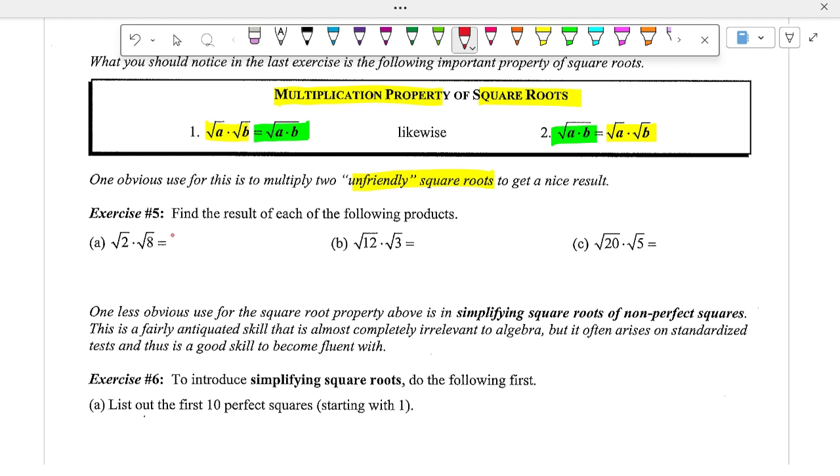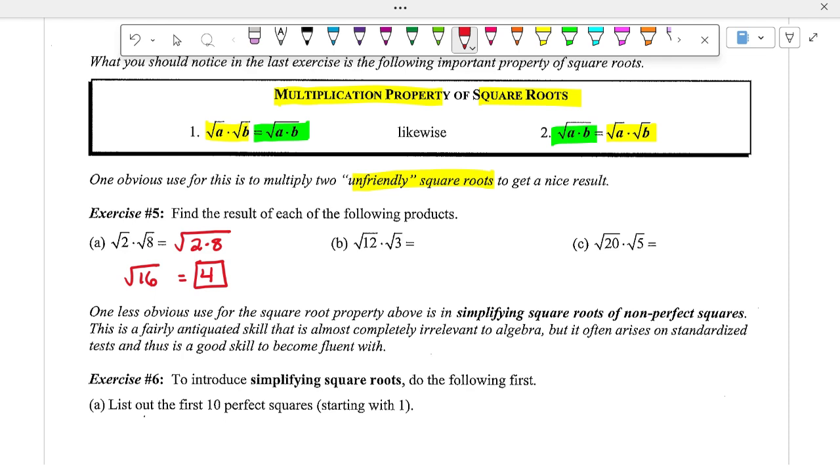Use the property we just learned about. Change it so we have one square root, but we're multiplying 2 and 8 under it. Because what's 2 times 8? 16. Is 16 a perfect square? Yes. So now we have a nice square root, which is what? 4.